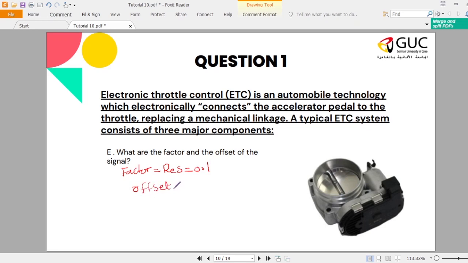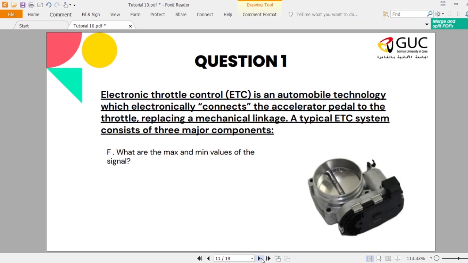And the offset here is non-existent. We have no offset because we consider the whole range.